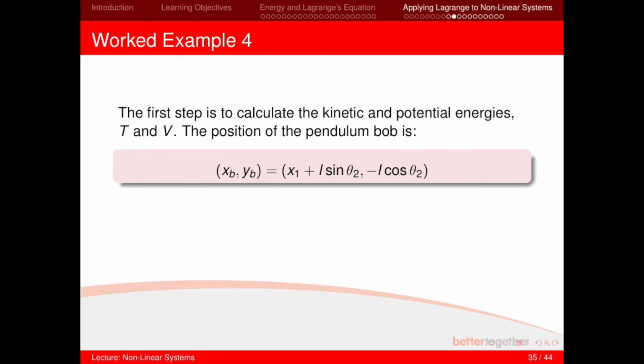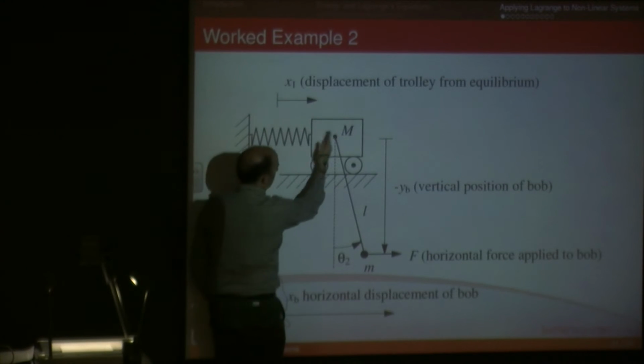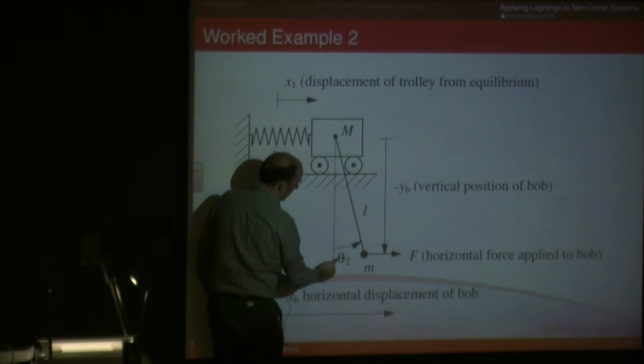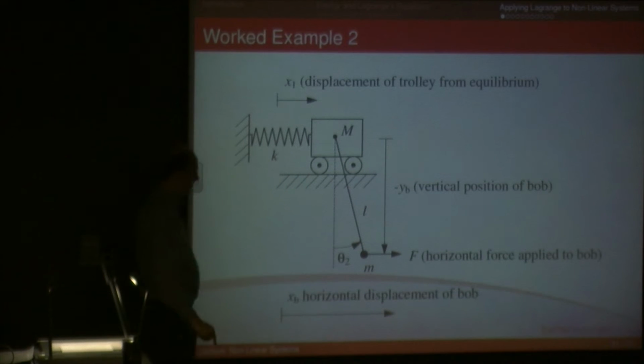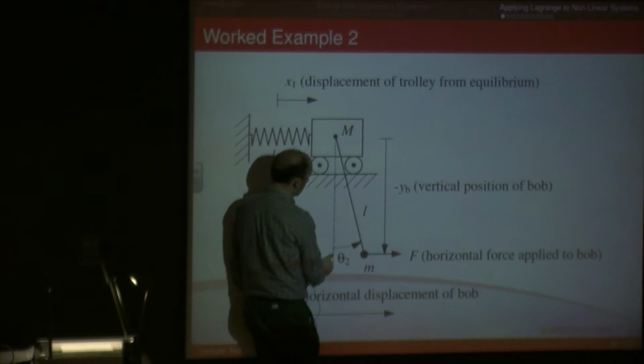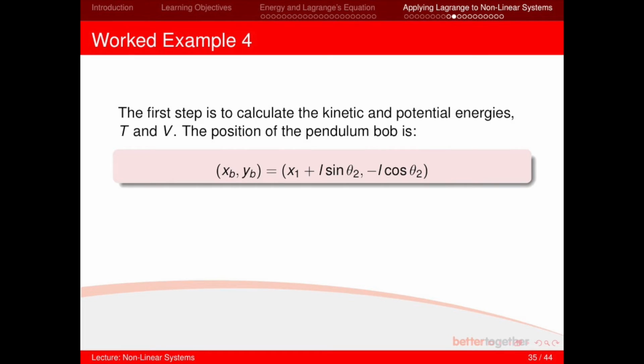If I go back here, you can see I've got x1, which is this distance here, and down here I've got the distance between this line and this line, which is going to be L, the length of the pendulum, times sine of theta 2. The y distance, yb, is going to be minus L times cosine of theta 2.